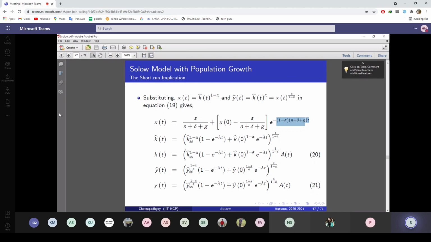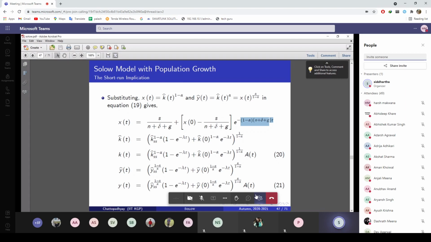Per capita output equals some constant times A_t. This also says that if you differentiate this with respect to time on both sides at the steady state, Ẏ/Y equals Ȧ/A. And again, per capita output is growing at the rate of technology in the long run.